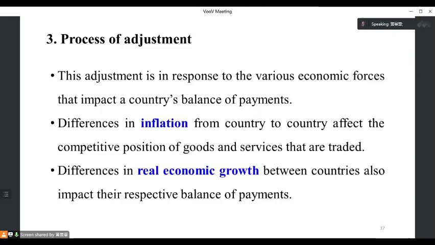And if there is a difference between 2 countries in real economic growth, it will influence the 2 countries' international payments balance.